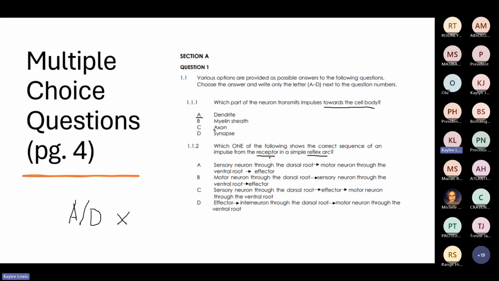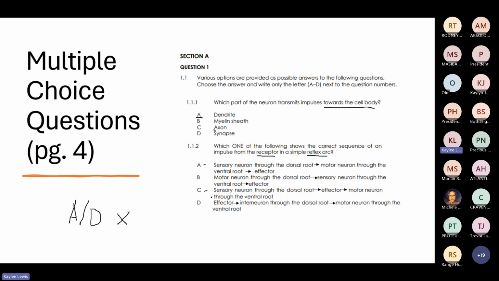Now that needs to go towards the central nervous system. So if we look at our options, we have sensory neuron, motor neuron, sensory neuron, effector. Which one is taking it towards the central nervous system would be the sensory neuron. So we're automatically looking at option A and C, and we can eliminate B and D.